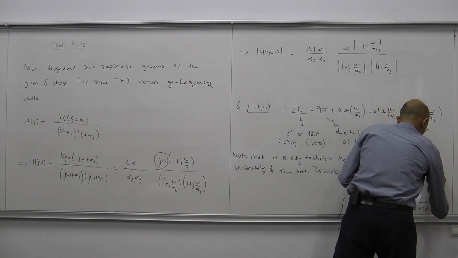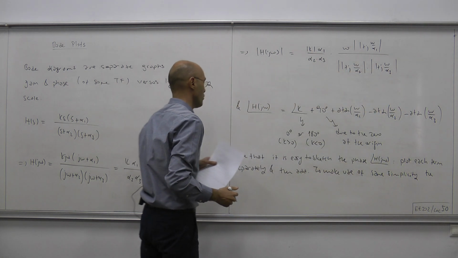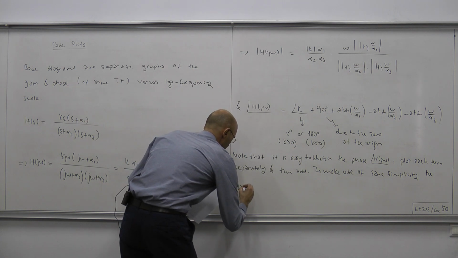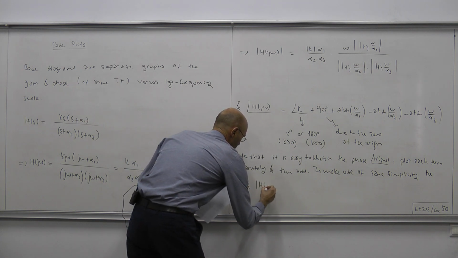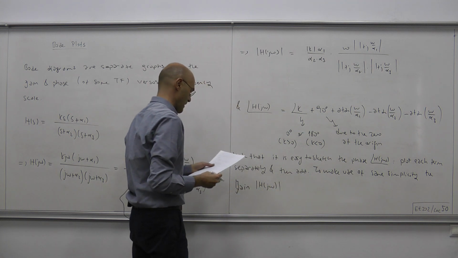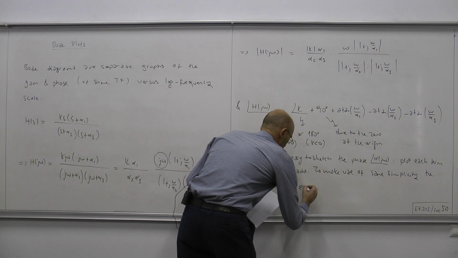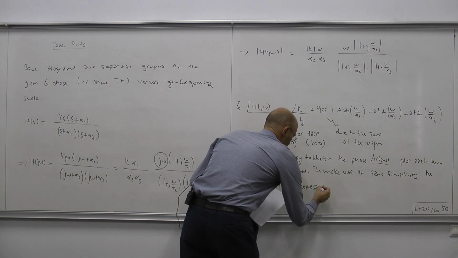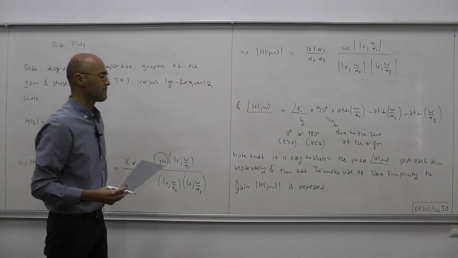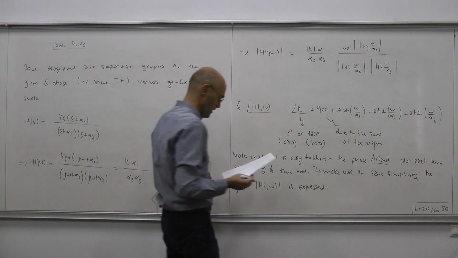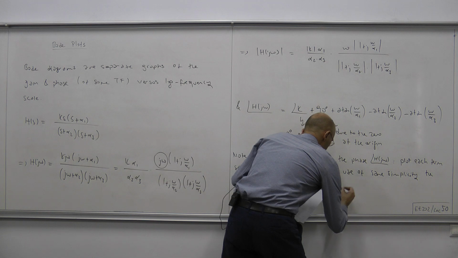the gain, H(jω) magnitude, is expressed in the following new units, which we are to introduce now, in decibels.